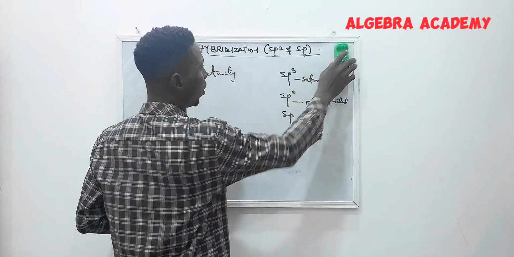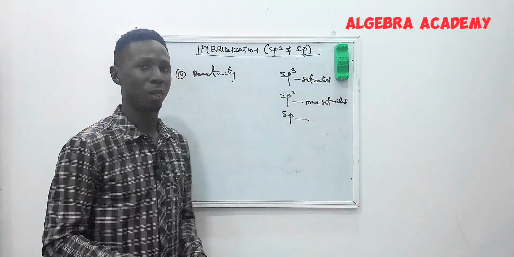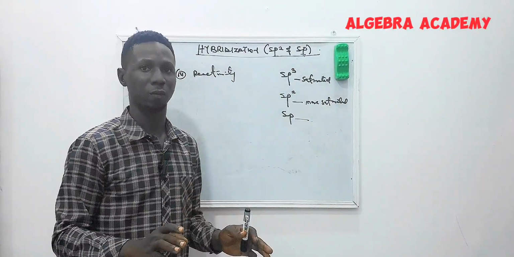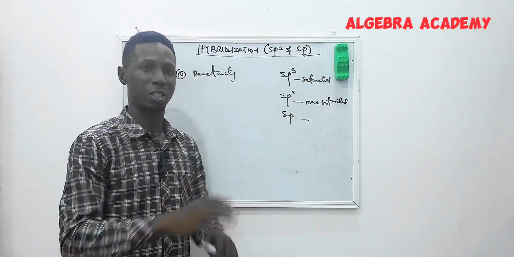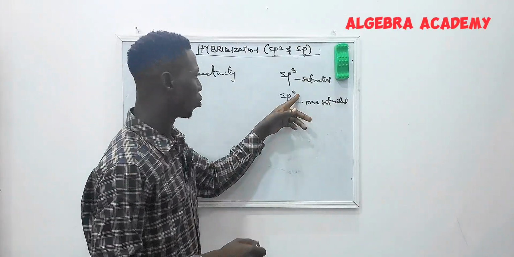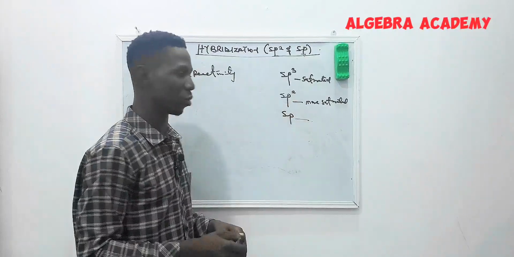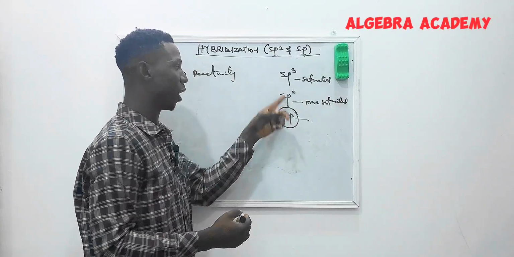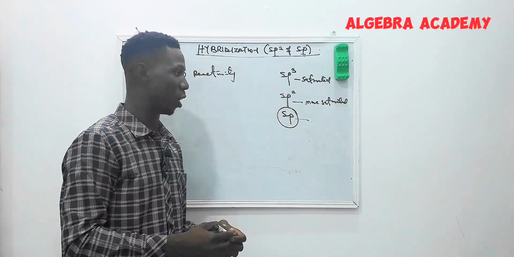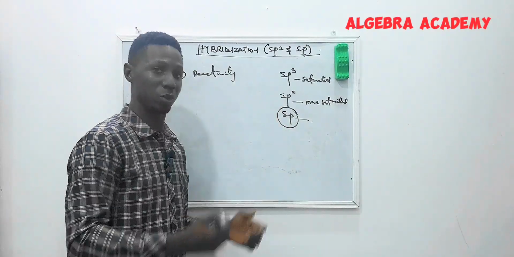Since this one is saturated already, it will not be reactive. It will not be reactive compared to others because it is already saturated. So between these two, we are picking the one that is less saturated. Sorry, sp is more reactive than sp2. sp is more reactive than sp2.